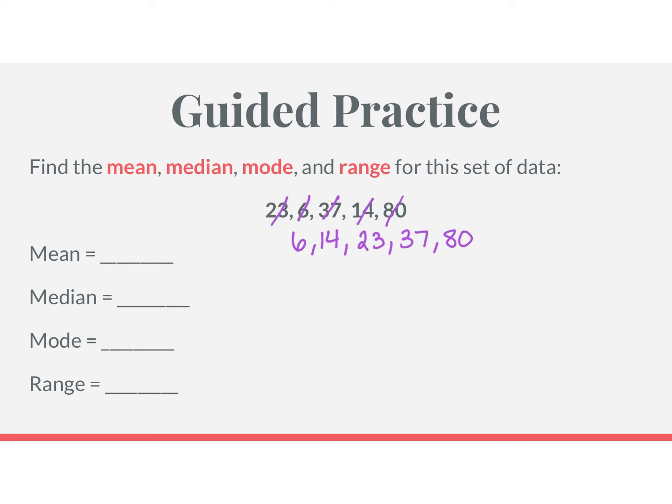First, we'll solve for the mean. We can add all of the numbers together in our data set and then divide by 5, the amount of numbers there are. When we add up the numbers, we get a sum of 160. Next, we can divide by 5 to solve for the mean.